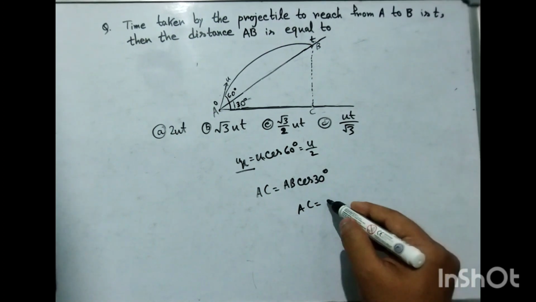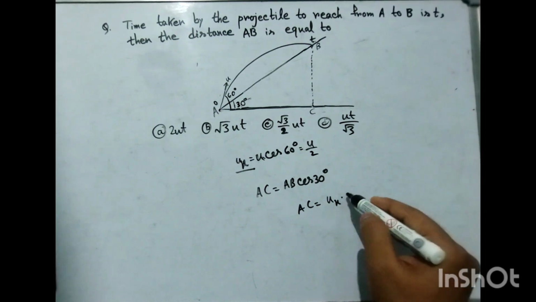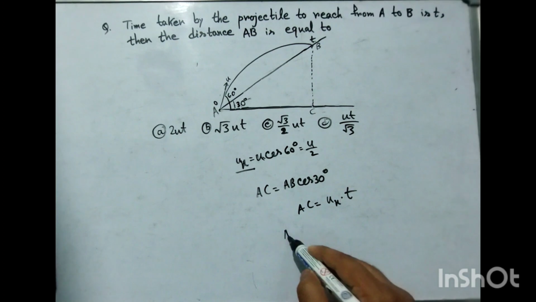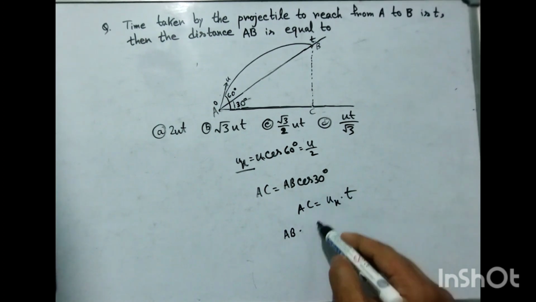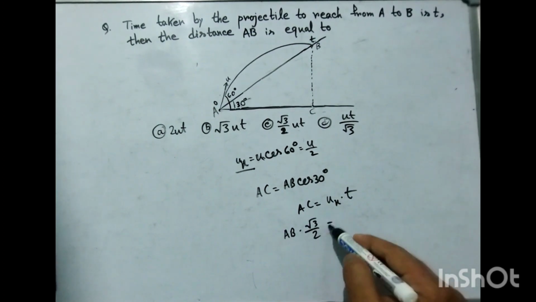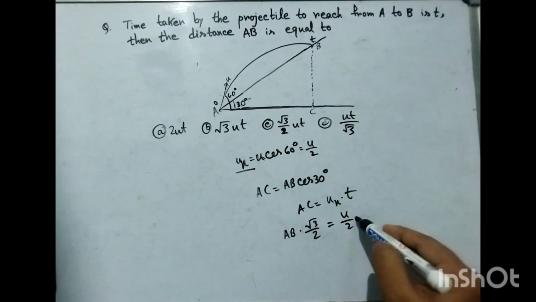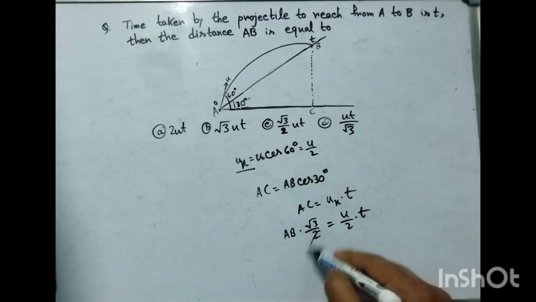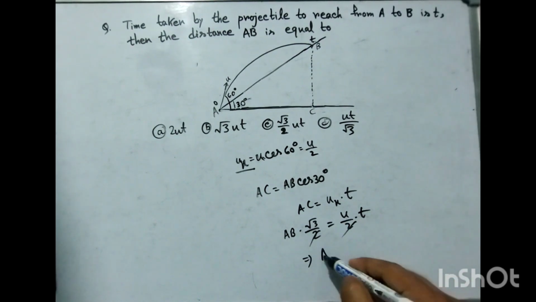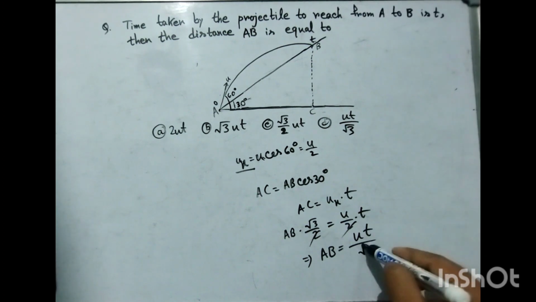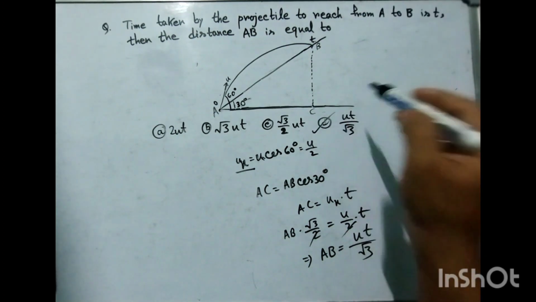So at constant velocity and time t, it will cover the distance ux into t. That means AC, which is AB cos 30, and cos 30 means root 3 by 2, will be equal to ux times t. Ux is u by 2, into t. The 2 will be cancelled out. From that we can find AB, and it will be ut by root 3. So D is your answer.